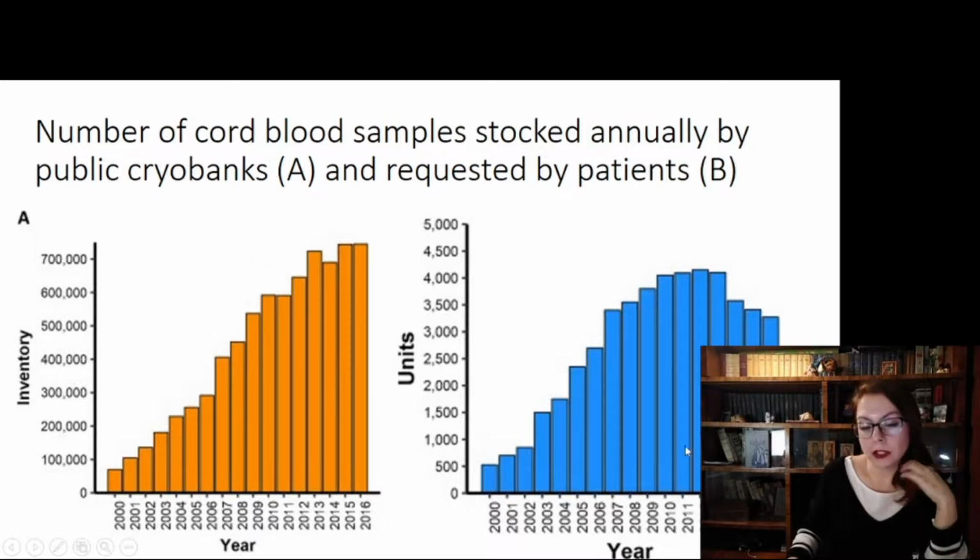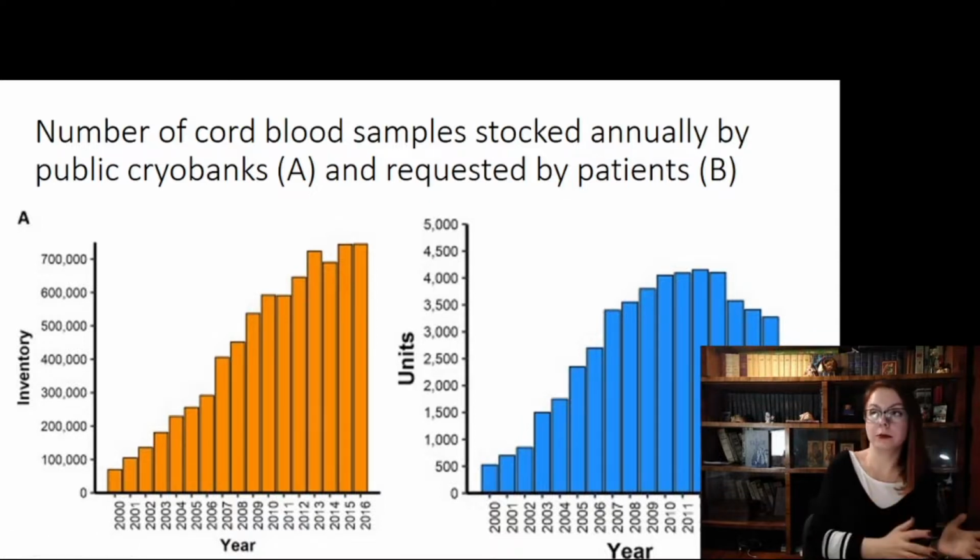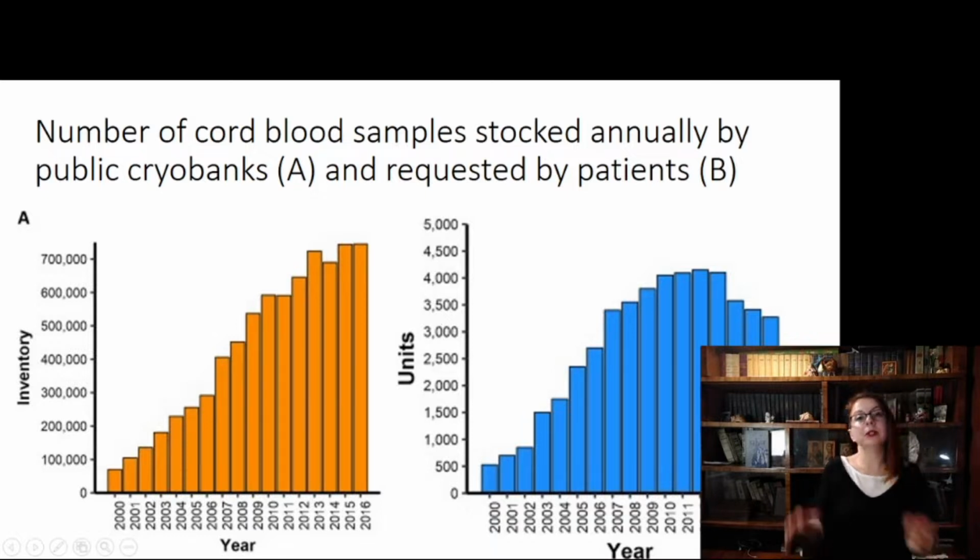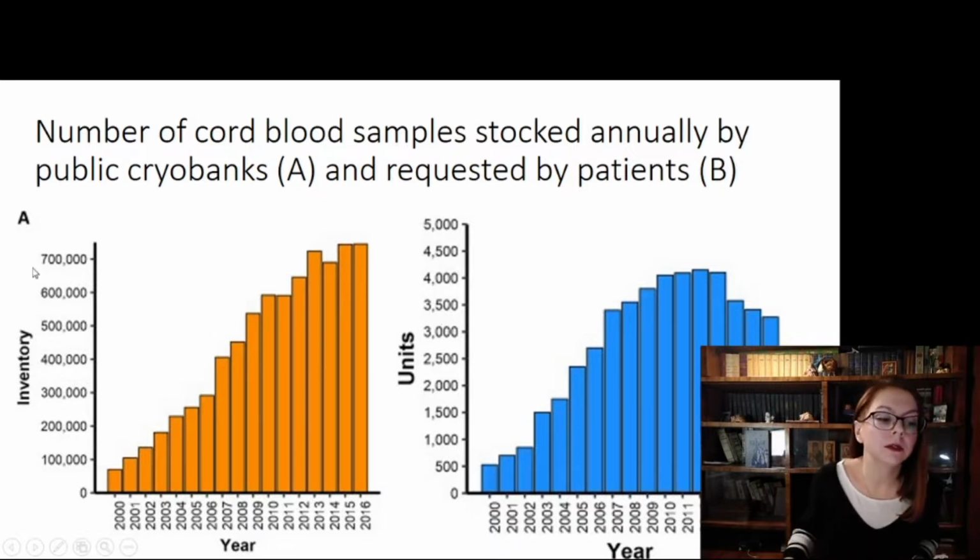And another diagram showing us how many cord blood samples are requested by patients. So here, how many cord blood samples are sequestered, and here how many are needed. And you can see the difference. 700,000 are sequestered, while fewer than 5,000 are needed. The difference is huge. So much more cord blood is preserved than is needed.